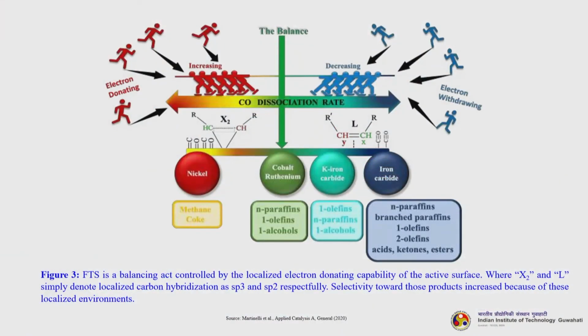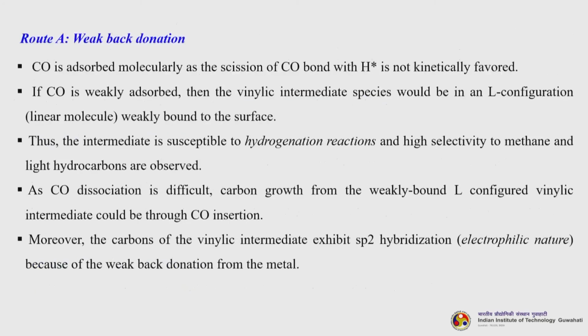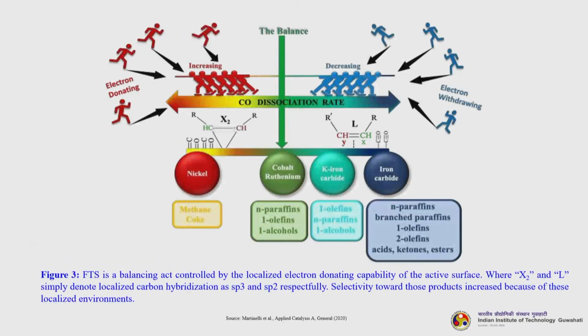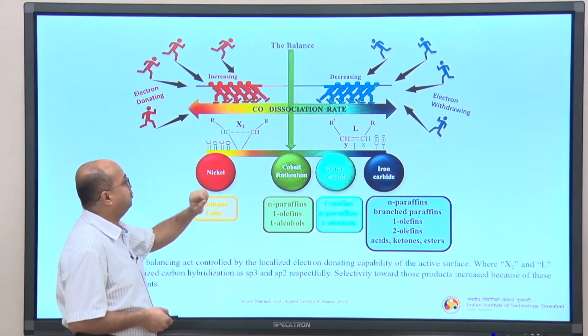Weak back donation. Now, route B is the semi strong back donation. Carbon monoxide adsorbs in an associative manner, followed by H dissociation on the active site. As adsorbed carbon monoxide is stable, so is the vinylic intermediate in an X2 configuration. We can call this semi strong back donation.